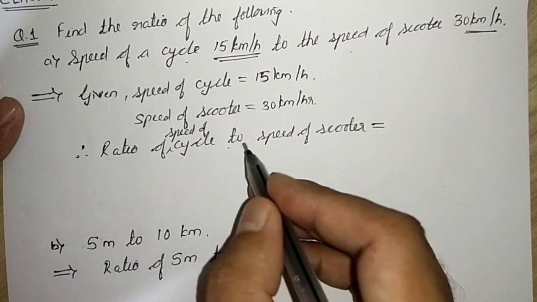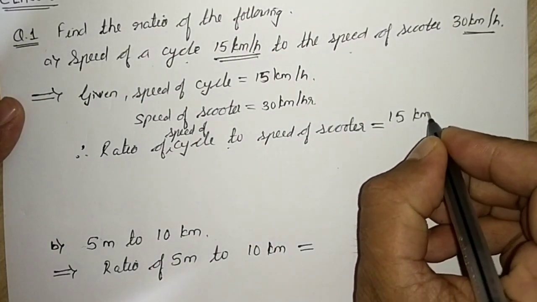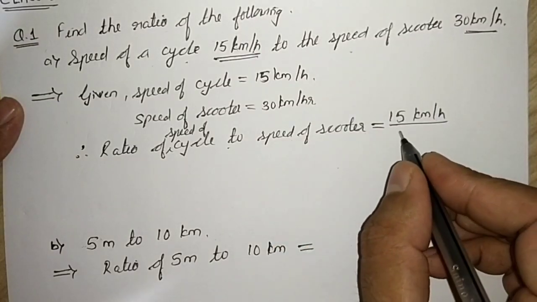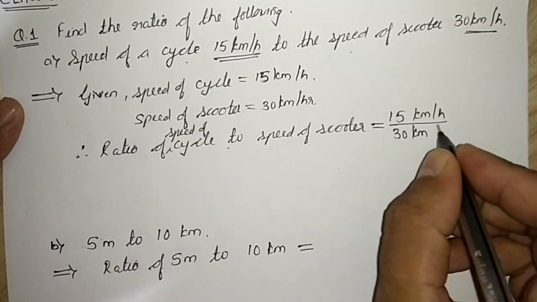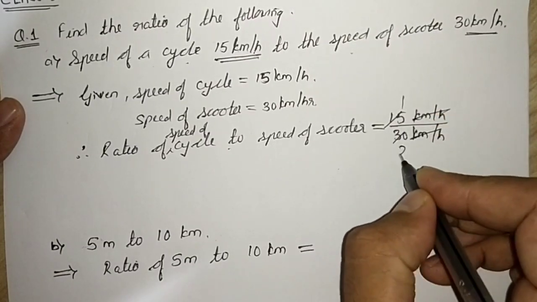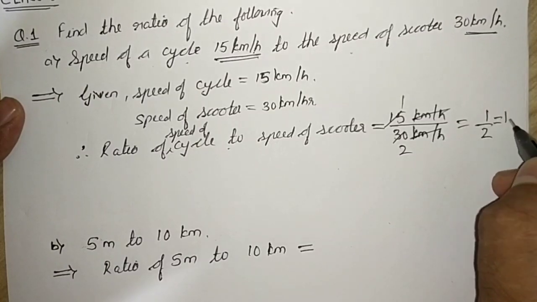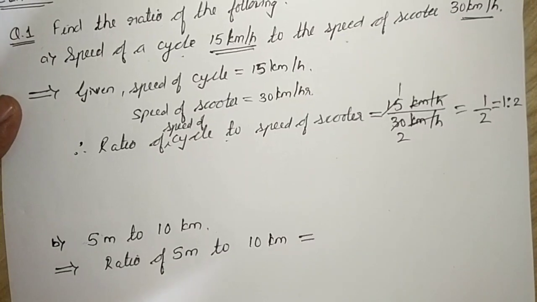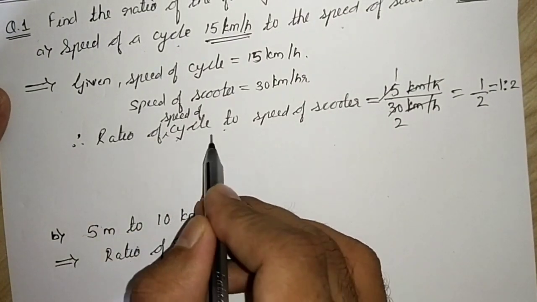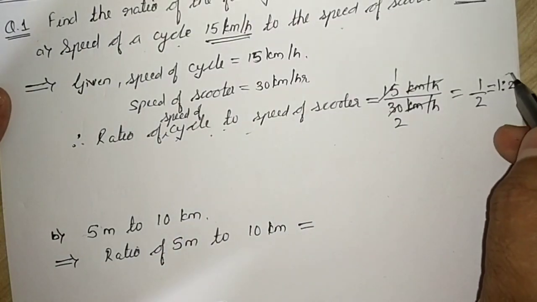Whatever is first, we will write its quantity first, that is 15 km per hour divided by the quantity of the scooter. This will cancel out, and 15 ones are 15, 15 twos are 30. So we will get 1 by 2, which can be written as 1:2. Therefore the ratio of the speed of the cycle to the speed of the scooter is 1:2.